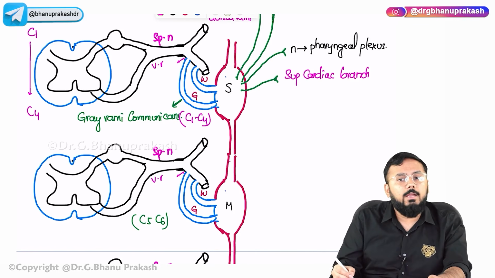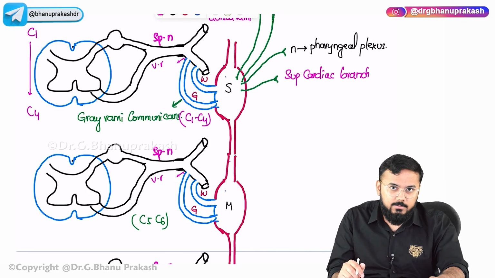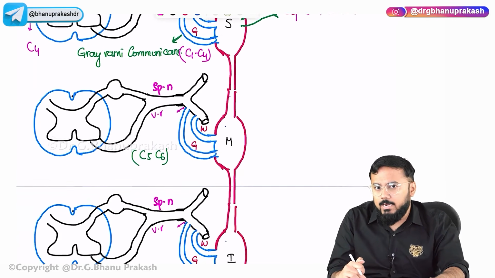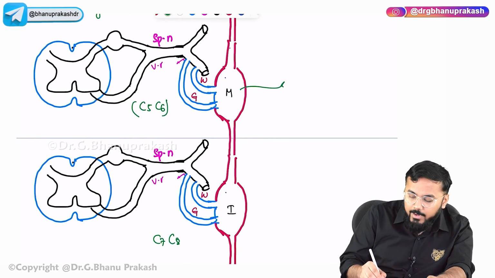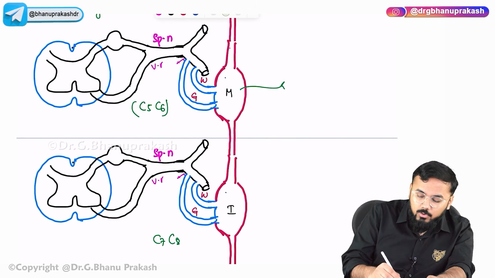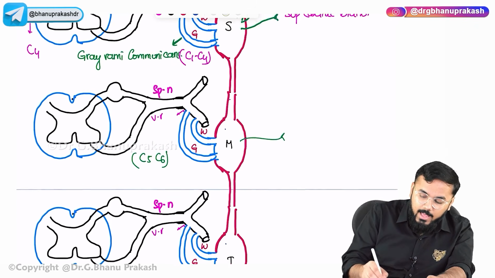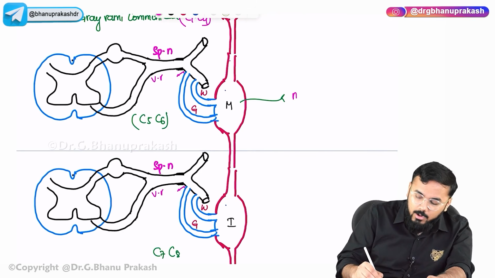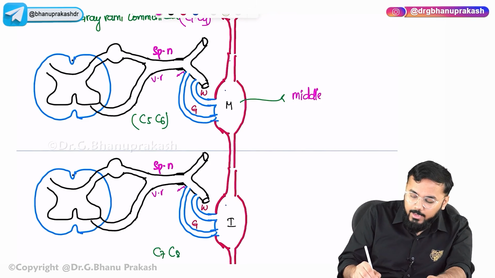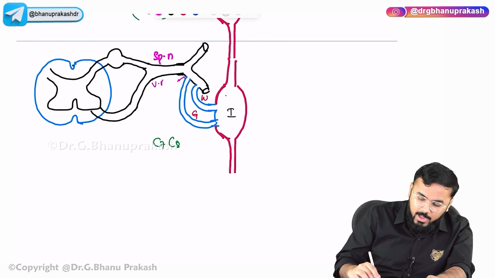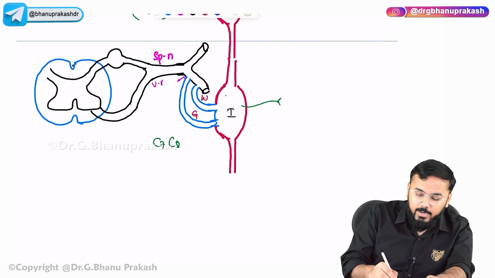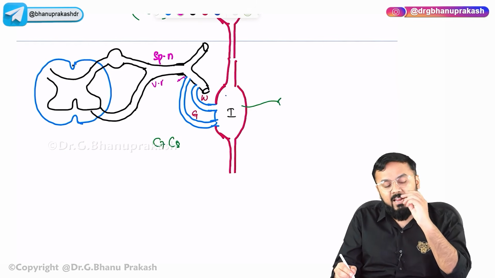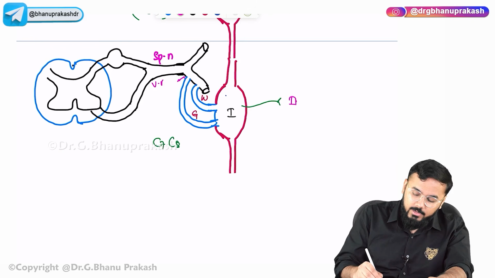What does this superior cardiac branch do? It will form cardiac plexus. Okay, when I tell superior cardiac branch, then from the middle one you will have a branch called as middle cardiac branch. Yes or no? Then you will also have another branch from the lower one. This is called as inferior cardiac branch. Yes or no? Middle cardiac branch, and the last one is called as inferior cardiac branch.